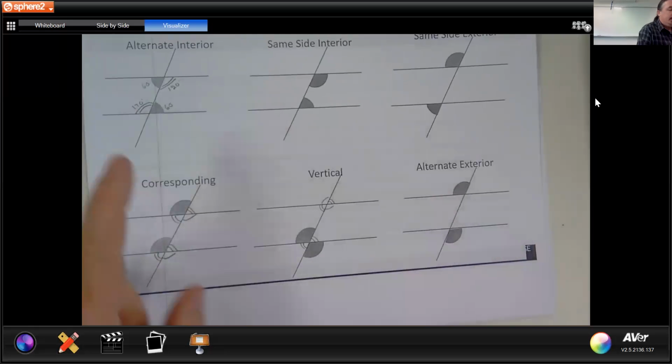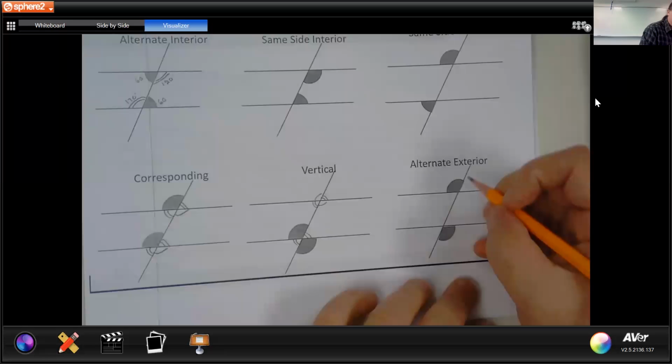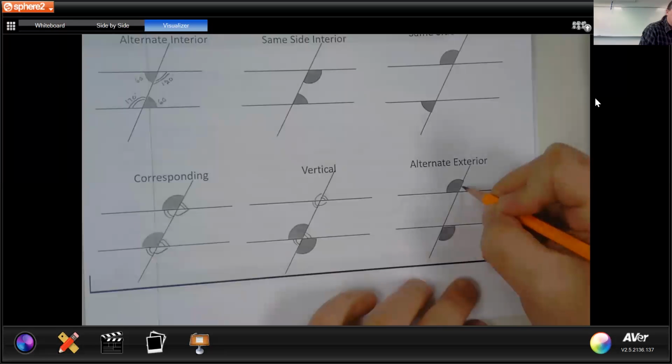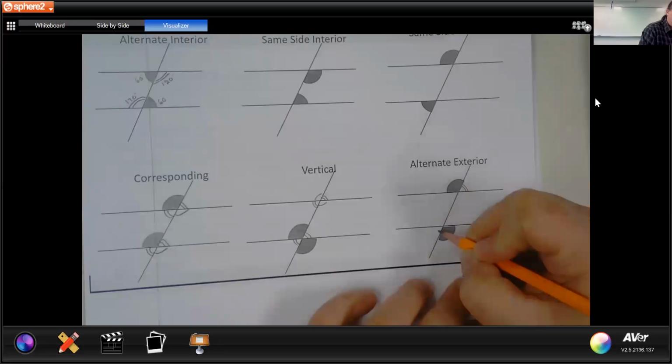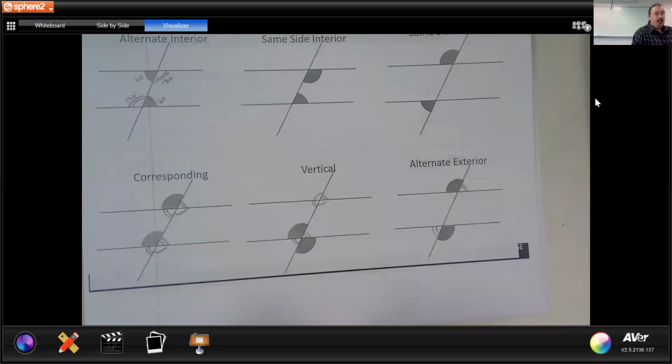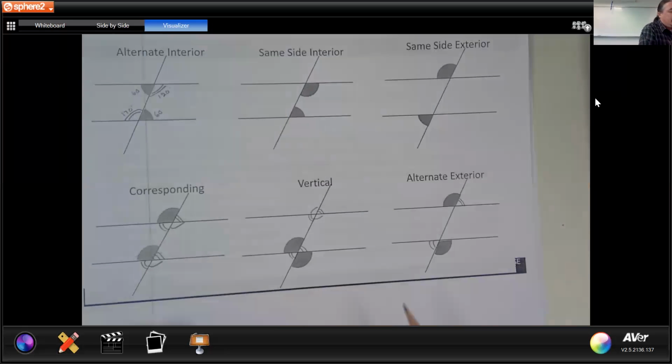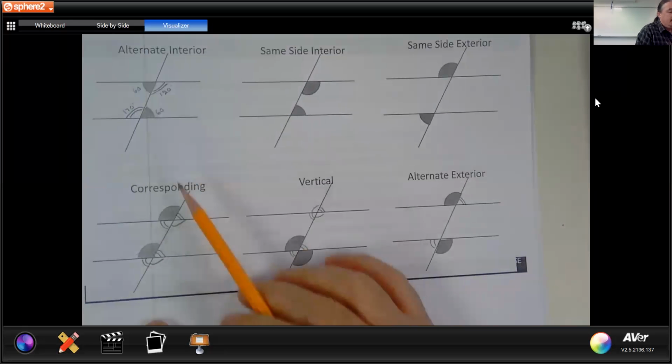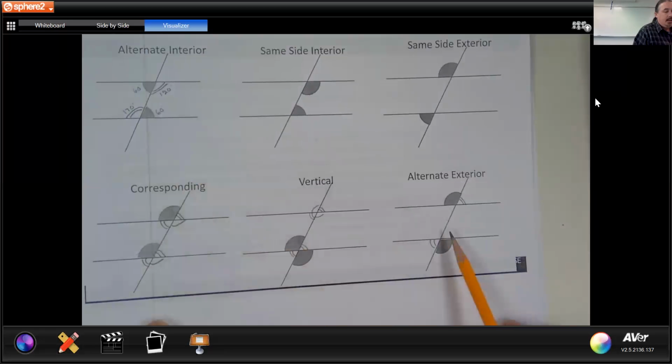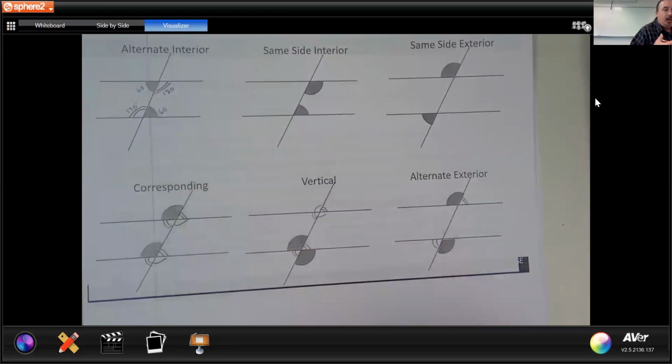And like alternate interior, we have more than one set. We can say that these 2 angles are also alternate exterior angles. So these are our congruent angles: alternate interior, corresponding, vertical, and alternate exterior angles. These angles will always be congruent, meaning they will be equal to each other or the same.